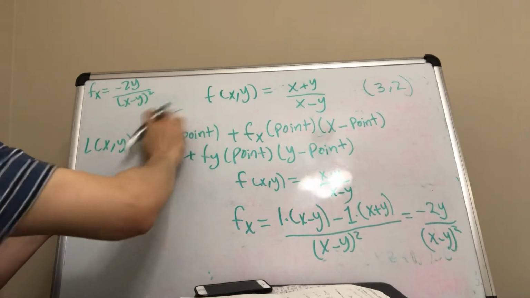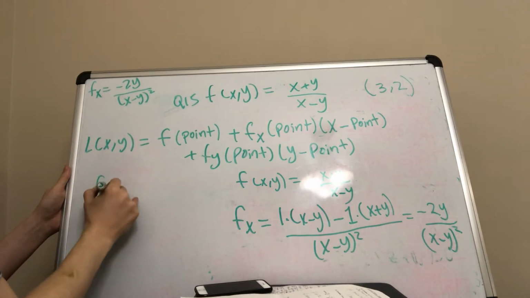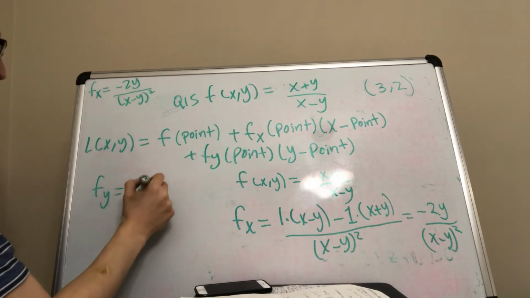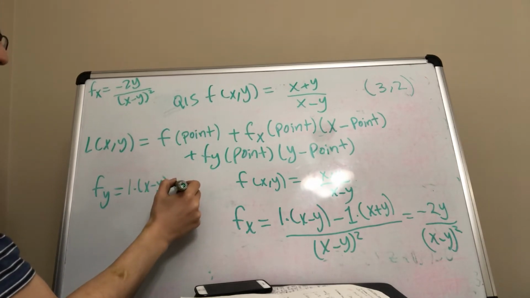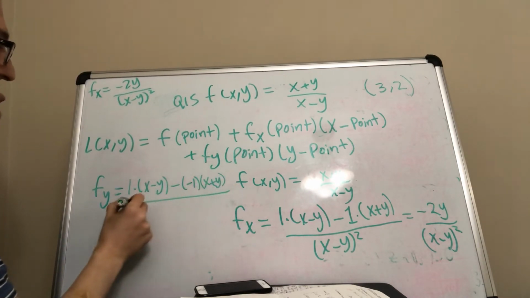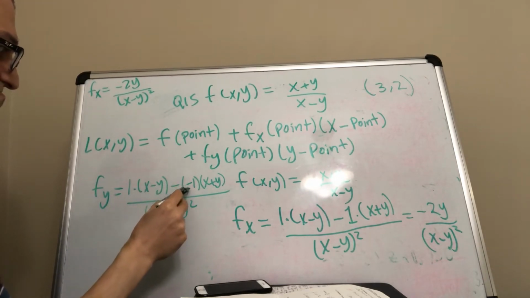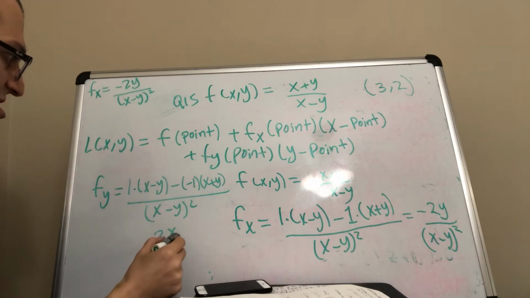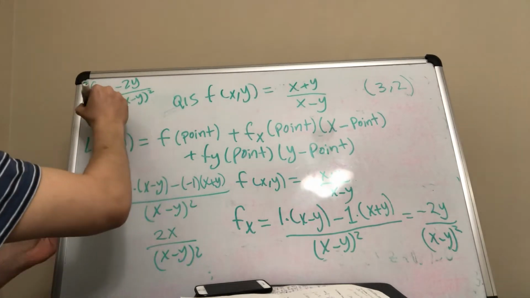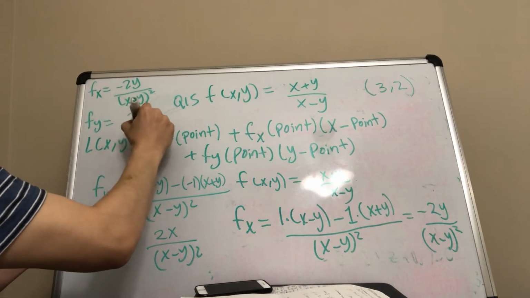We also need to find the derivative with respect to y. Quotient rule: the derivative of the top is 1 times the bottom function, minus the derivative of the bottom, which is minus 1, times the top function, over the bottom squared. x plus x is 2x, and the y cancels out. So the derivative with respect to y is 2x over (x minus y) squared.